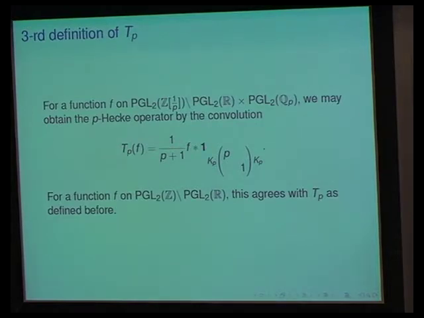Okay. And then one has to do a calculation. Namely, one has to check that this third definition is indeed yet again another definition of the same operator. And as time passes, I refer to the notes once more.